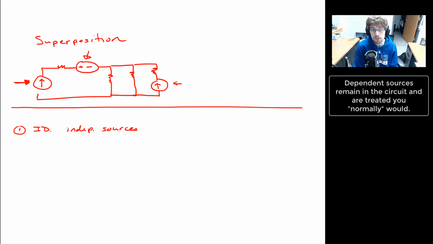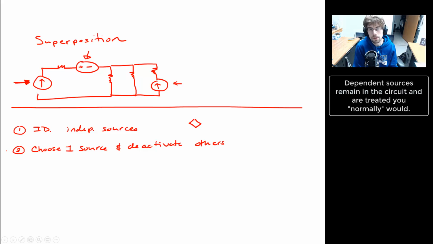Dependent sources, the diamonds, we have to leave those in the circuit. And the next thing that we need to do is choose one source and deactivate the others.